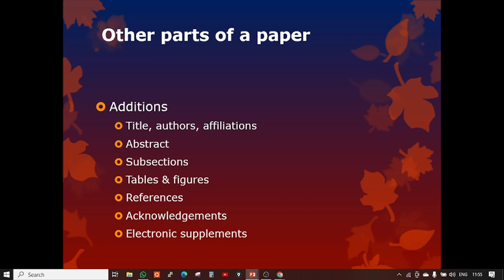After that, the acknowledgement: the persons or organizations that helped in your research, or the funding agencies that funded your research, you acknowledge in detail in the acknowledgement section. And the last part is the electronic supplement, which is optional. You have to give some evidential proof for particular types of research.